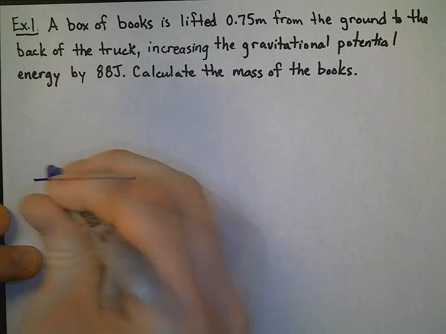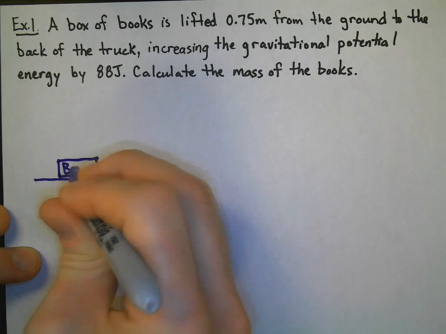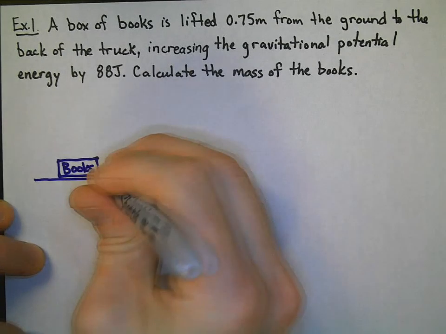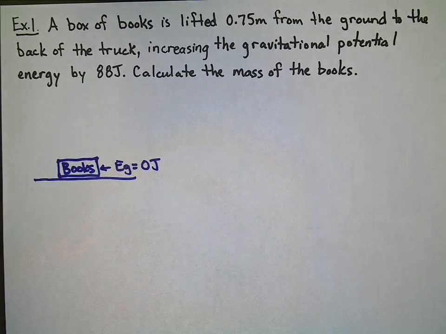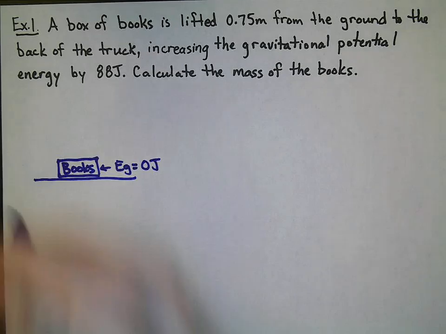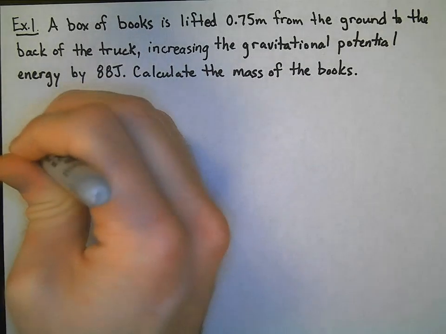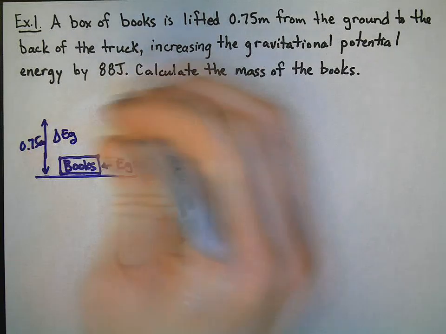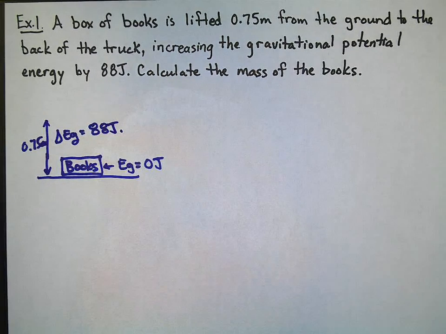Remember that if we have this box of books on the ground, relative to the Earth, the gravitational potential energy of these books will be 0 joules. When we lift it to 0.75 meters, that is where we get the change in gravitational potential energy in this case, and that is by 88 joules.